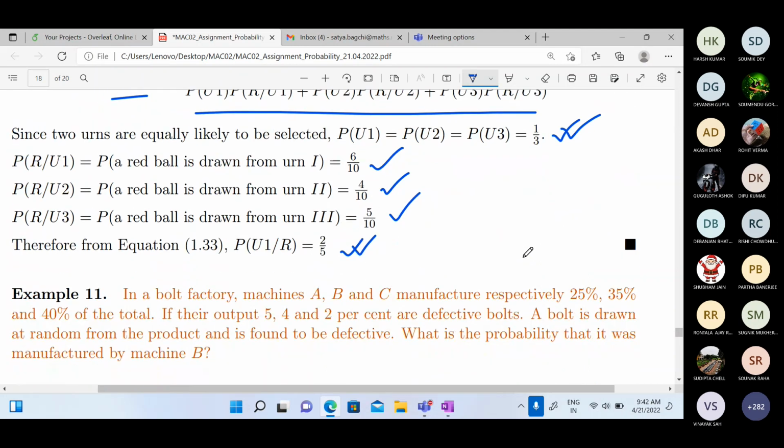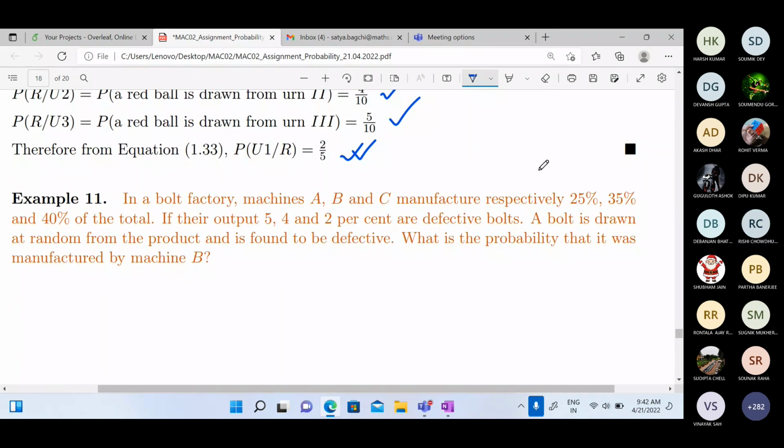Okay, the last one. You try to do this one. Number 11. It is a little bit different, but you need to do it.